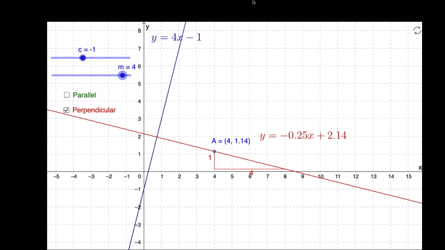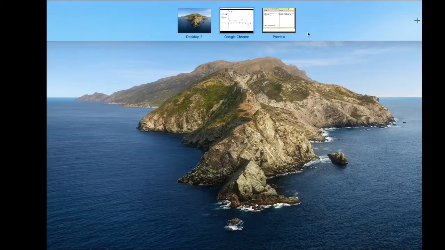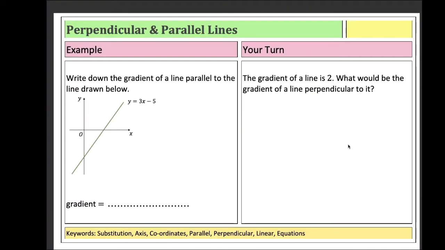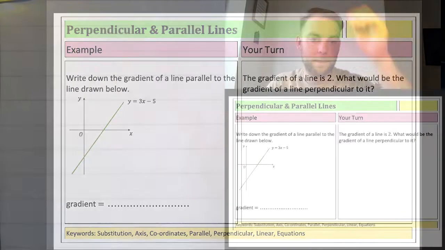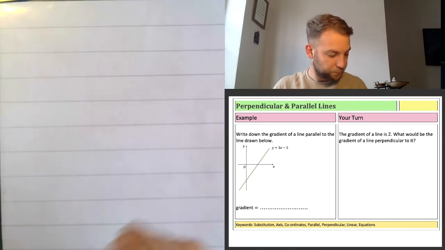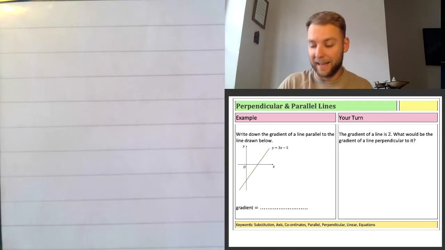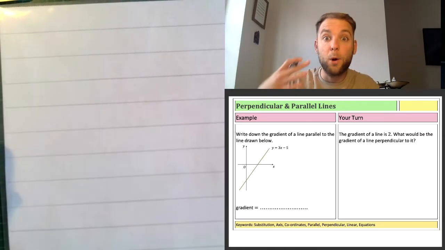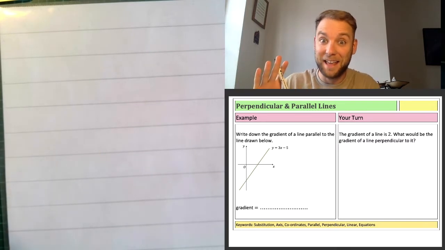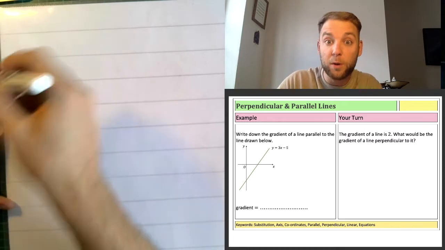So let's get back to our preview. The first thing we need to probably get down in our notes is the fact that, be careful, parallel lines have the same gradient. So it's probably worth writing this down in your notes.